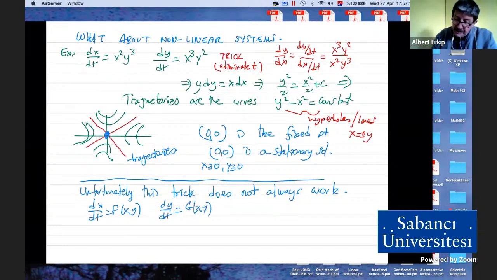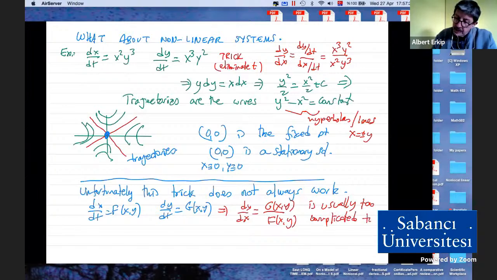That would give me, the trick is dy/dx equals g(x, y) over f(x, y), which is usually too complicated to solve. So this is not a good way to approach the thing.